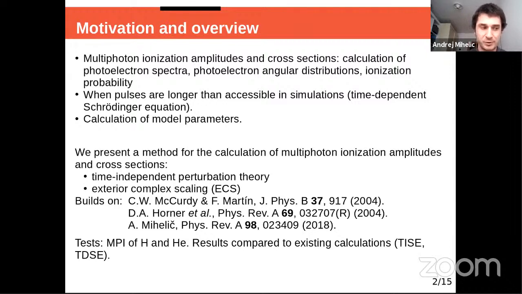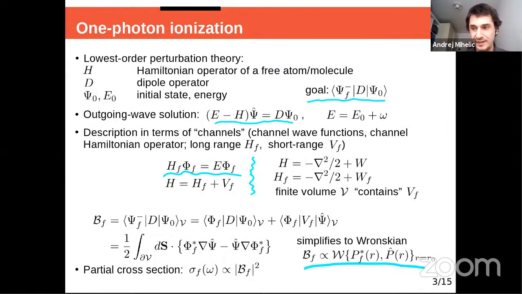So first I'm going to try to explain how the method works, what it is based on, and then I will show you some results that were obtained by this method. In order to do this, let us first review how to calculate single photon ionization amplitudes.